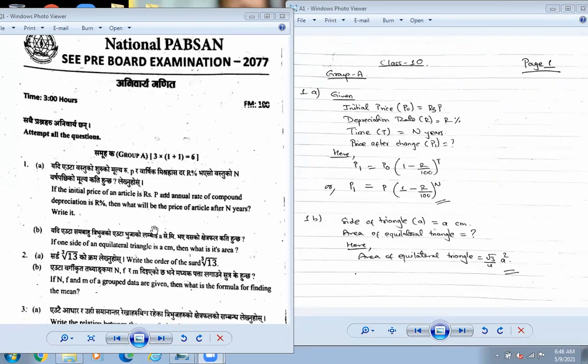Okay, and so we need the depreciation rate. The rate is given as R percentage and time is given as n years. So what is the formula of depreciation?